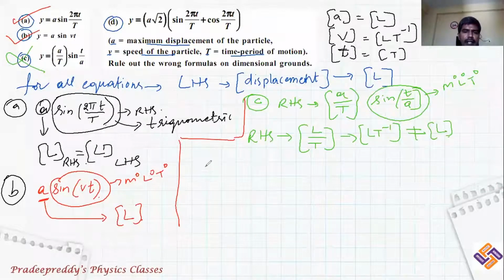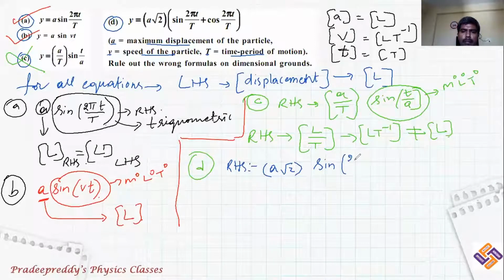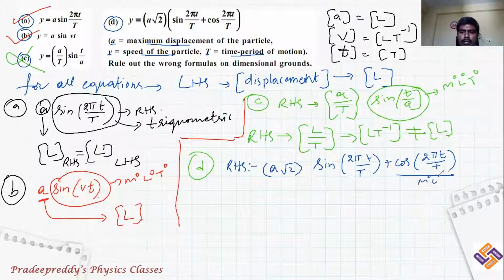Next, option D. Check option D. On the right hand side, you are getting A root 2 into sine of 2 pi T by capital T plus cos of 2 pi T by capital T. This has no dimensions, M power 0, L power 0, T power 0.